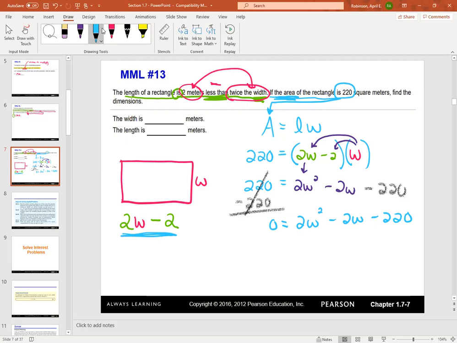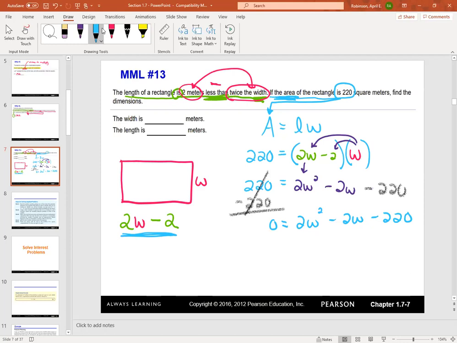That rule about solving equations, the one that says, whatever you do to one side, you got to make sure you do to the other, and you can do anything you want. The left side has a 0. The right side has a 2W squared minus 2W minus 220.